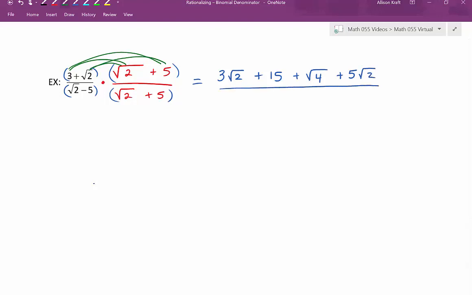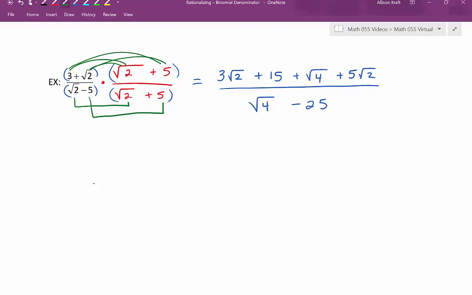In the denominator, we're multiplying conjugates, so all we have to do is multiply the first two together and the last two together. Square root of 2 times square root of 2 is the square root of 4. Negative 5 times 5, minus 25. We want to simplify any radicals that we can.